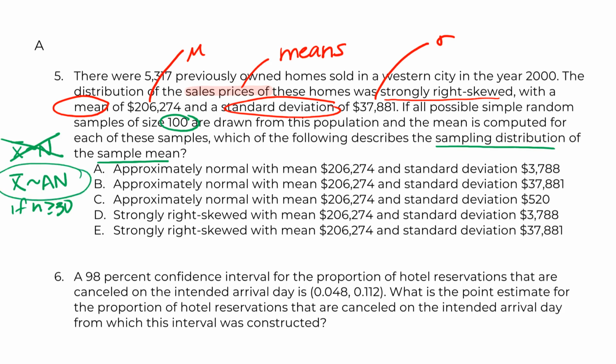So here's what our sample mean should follow, an approximate normal. So D and E are immediately out because D and E are talking about the original distribution and not the distribution of sample means. And through the central limit theorem, as we saw in the StatCrunch simulations, our means will always end up approximately normally distributed.